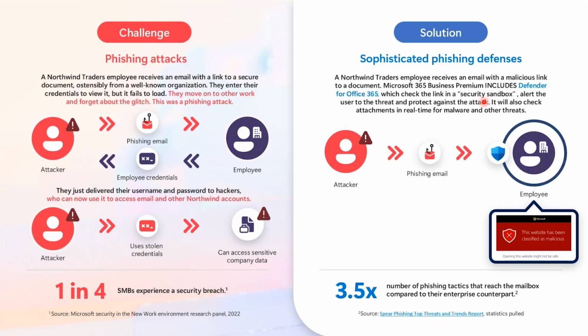If the user clicks on a URL, there'll be a live check. It'll take about a 1 to 2 second delay. And if the website is found to be malicious, it'll say this website has been classified as malicious. In this case, it says opening this website might not be safe, but we could block it categorically, or we could still permit someone to access those websites even though they received this warning.